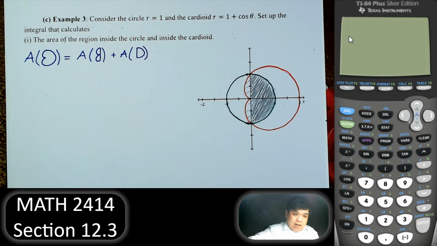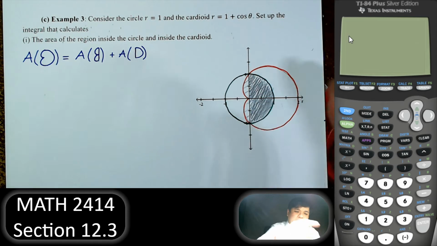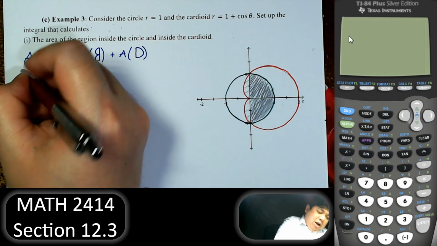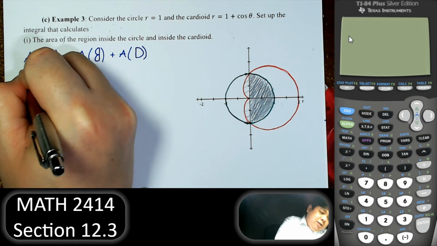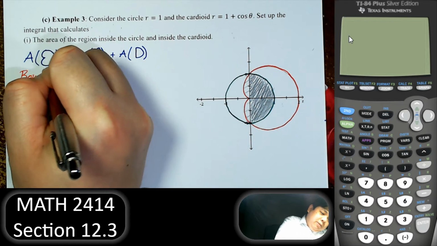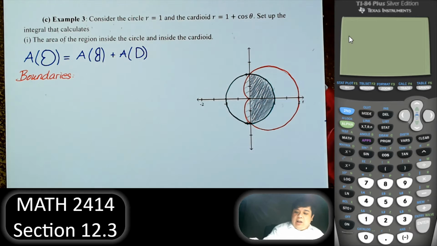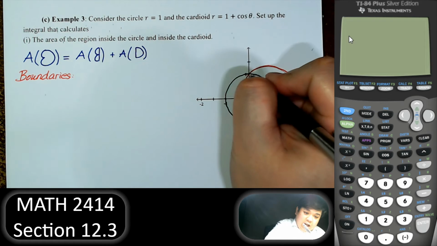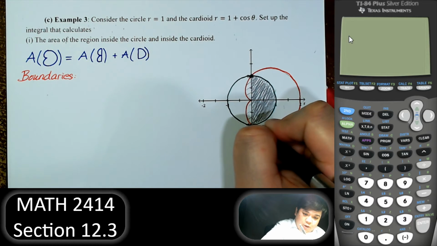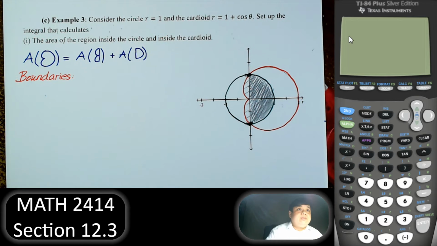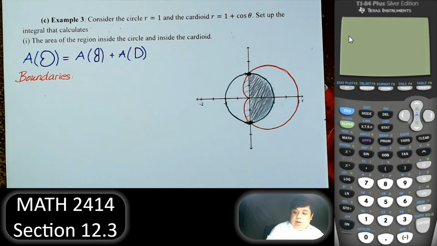Right? So after all of that, we still need to determine the boundaries. The boundary is what will be at this point and this point. So it's easy.